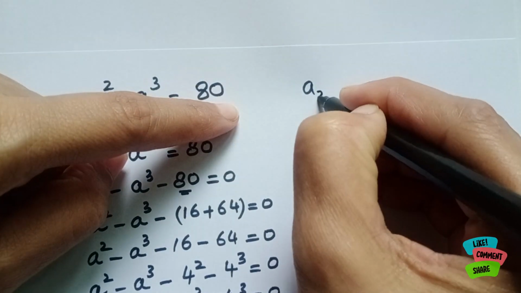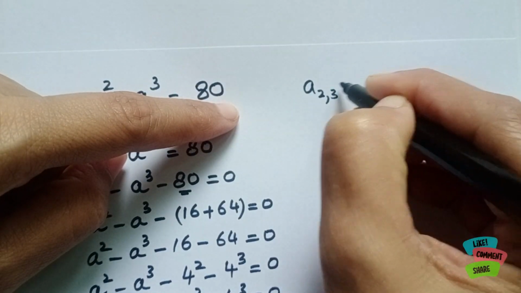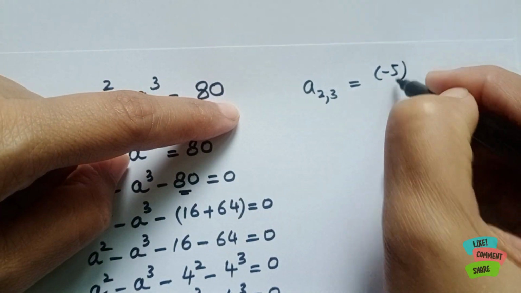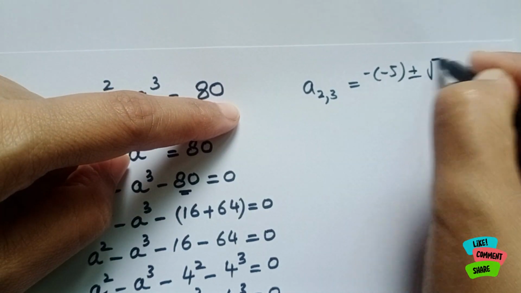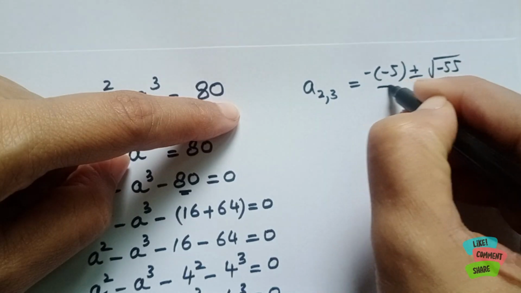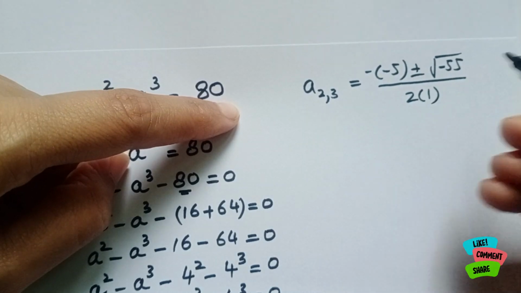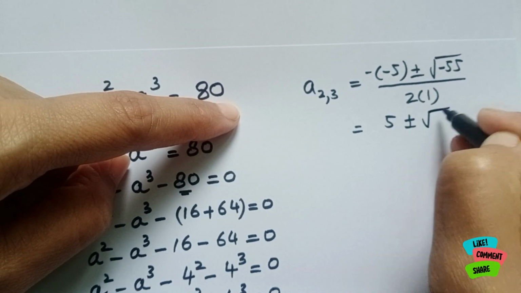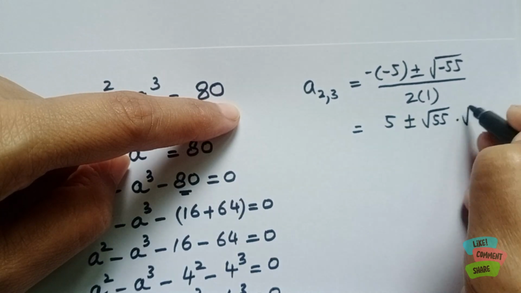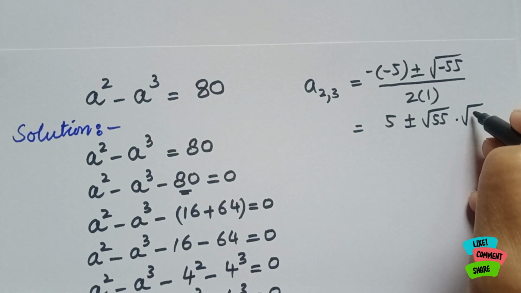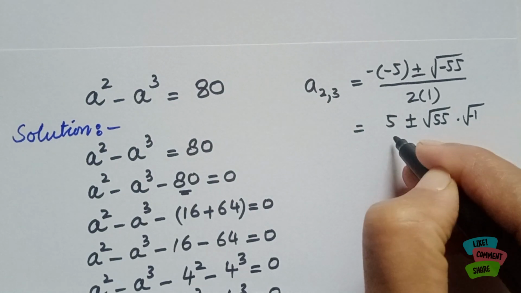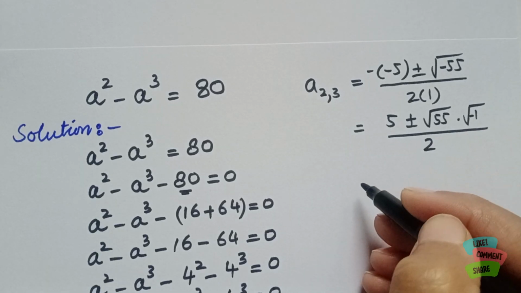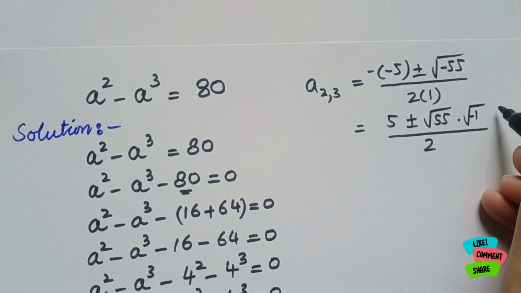Here we will get roots a2 and a3. So here we have minus of minus 5, plus or minus square root of the discriminant, minus 55, over 2 times 1. So here we will get 5 plus or minus, we can write minus 55 as 55 and take out minus 1. We can write square root of minus 1 separately. So here we have 2. We know that square root of minus 1 is equal to i.